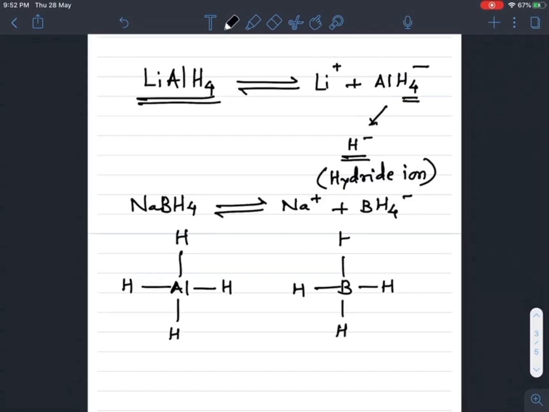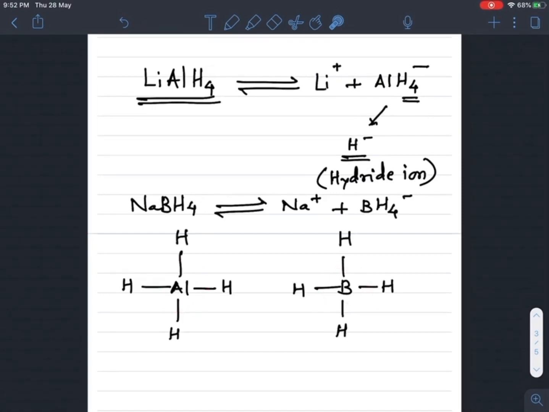Same way in this BH4 minus, boron is surrounded by 4 covalent bonds. So this hydride H minus ion takes its 2 electrons and completes the 8 electrons around this central atom.